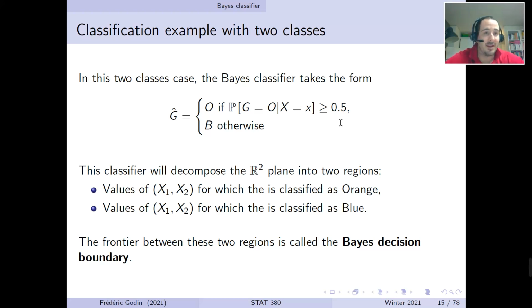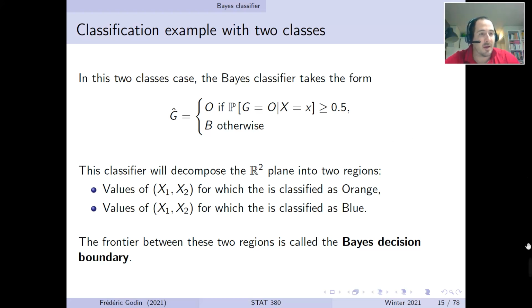One quick note here: what we have here is the probability of a given class given the predictors. But in our simulated data, we did the opposite. We first simulated the class, either blue or orange, and then based on this class, we had a distribution for the predictors.